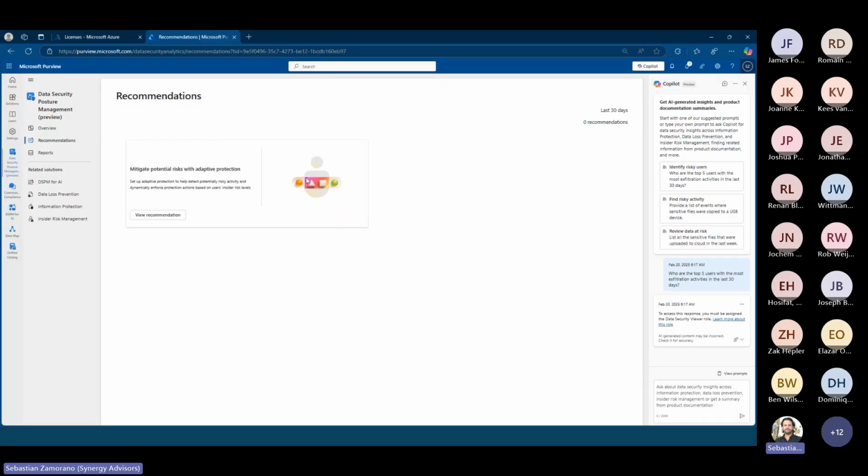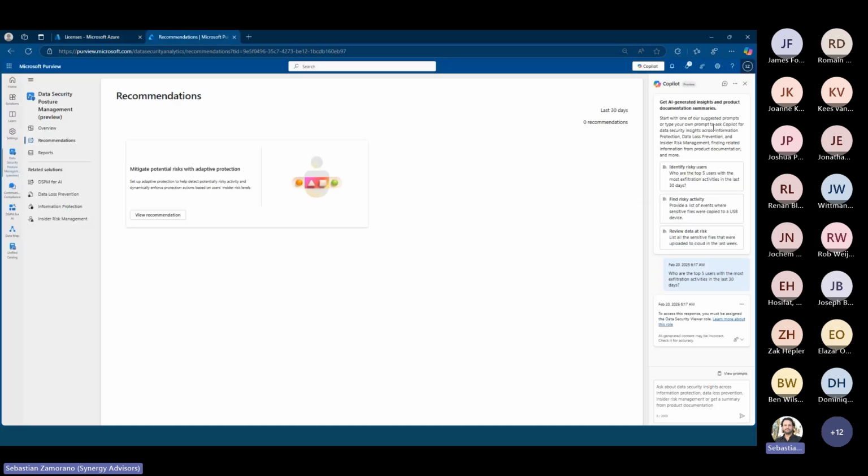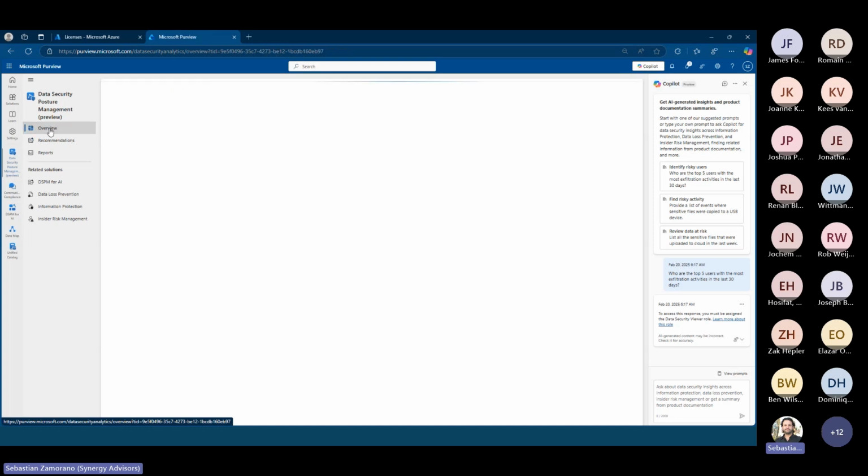Okay, in this one, you can see that I have 5 Microsoft 365 Copilot. I am able to start using the prompt to get some information. That's me.